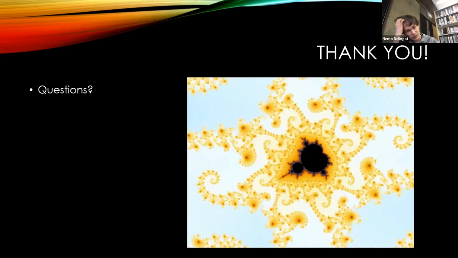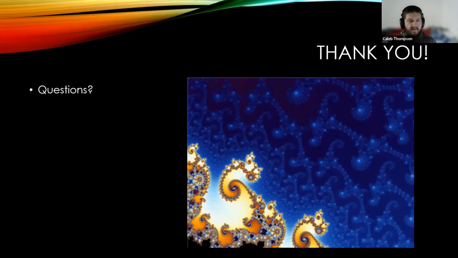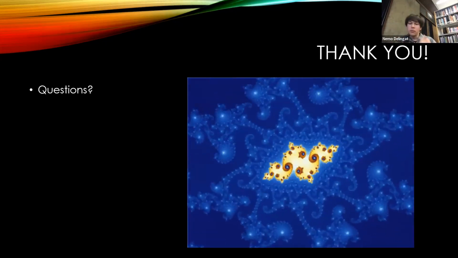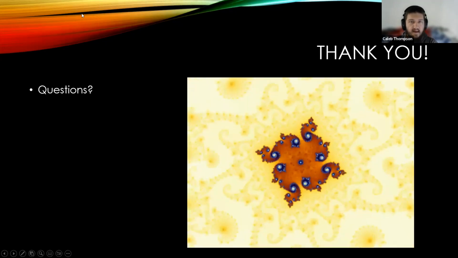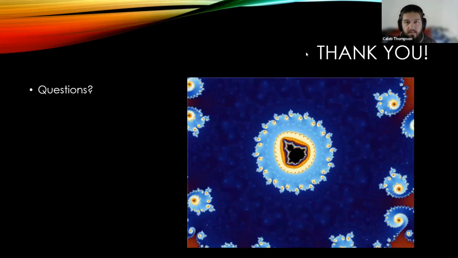Is that useful at all, or is that just like a little quirk they found? So you ever watch Numberphile? Yeah, that's where I saw it originally. There's a physicist guy who does it, and he's fine. Actually, I will stop sharing so I can cheat and look this up. The physicist who does it is fine, but he makes it seem a little more mysterious than I think it is.